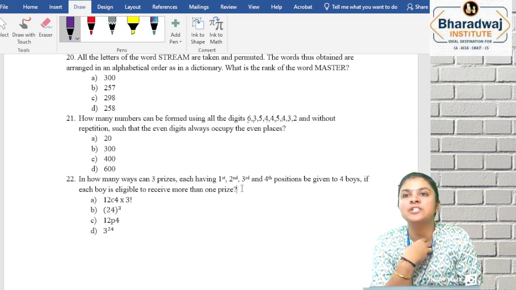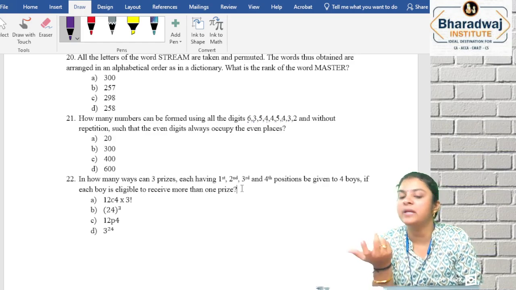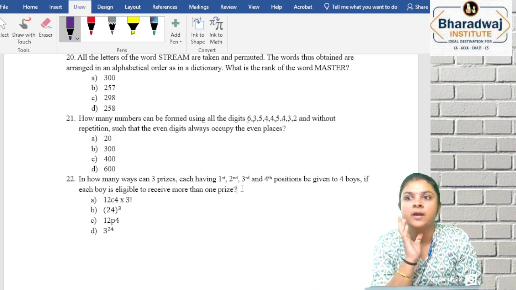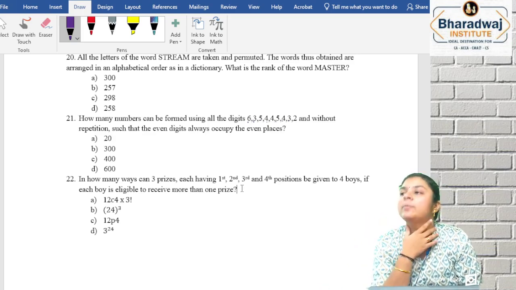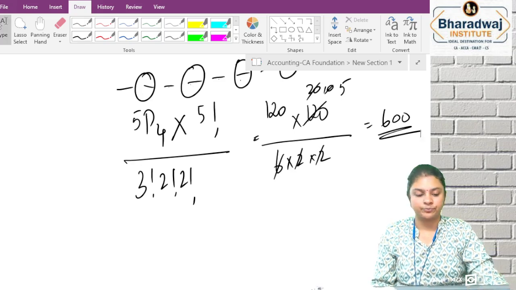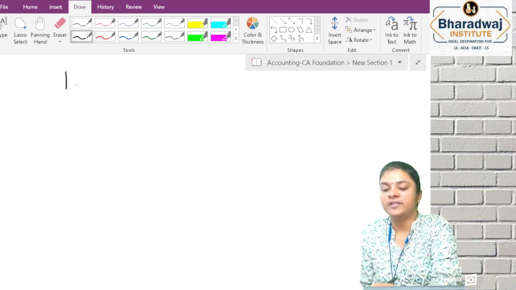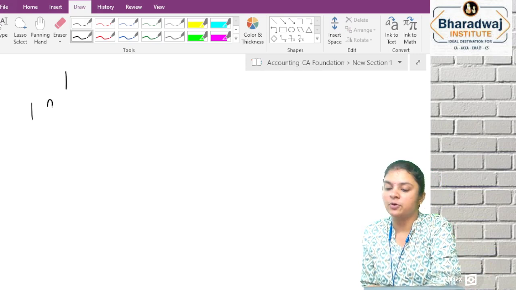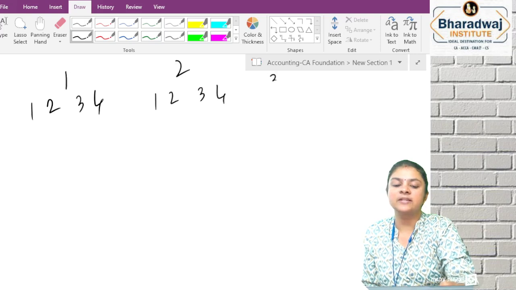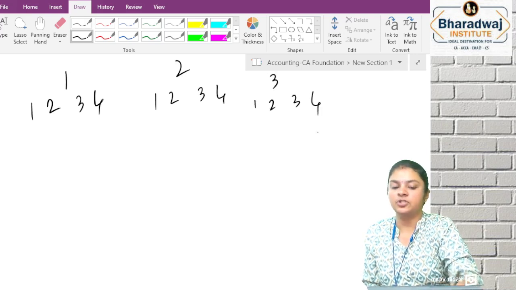So if the question says that the positions cannot be repeated, here the question is silent, so we assumed it can be repeated. But if the question says it cannot be repeated, which means first prize has 4 positions, second prize has 4 positions, and third prize has 4 positions.